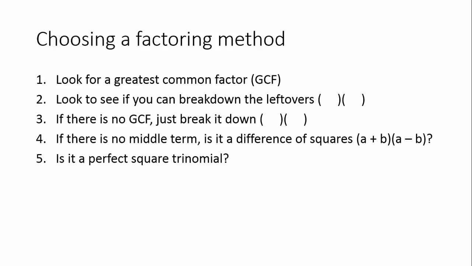If there is no greatest common factor, we just break it down into the two parentheses and the two binomials. Also, we have to pay attention to if there's no middle term, is it a difference of squares? And also, is it a perfect square trinomial? Because remember, those are pretty easy to factor as well.